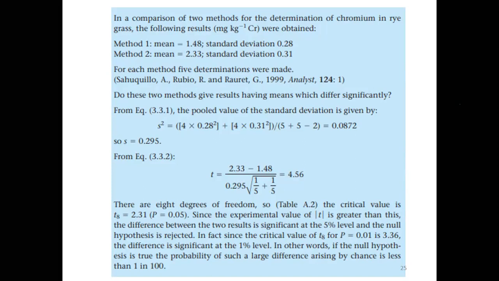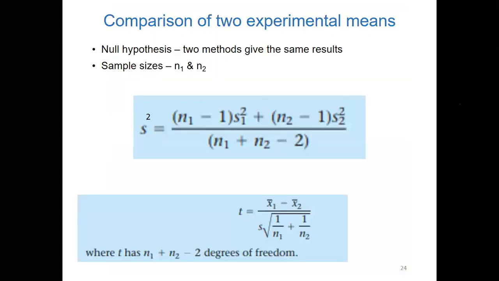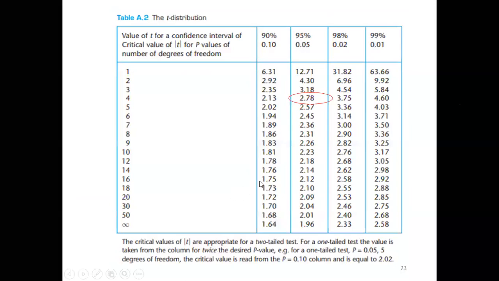But if we go and find the t value for 8 degrees of freedom at the 1% level, that means 99% confidence, 0.01 probability, what is the value? It is 3.36, right? At 1% probability, or 0.01, or 99% confidence, it is 3.36.